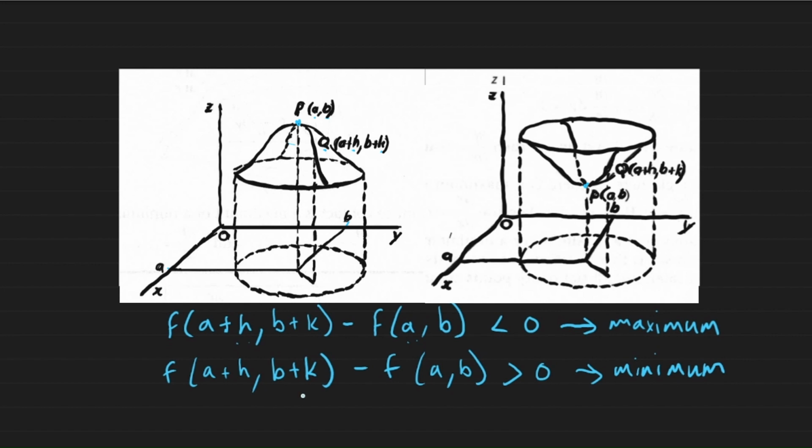In single variable calculus, we saw that the first derivative corresponded to the tangent line, and this tangent line we saw is actually parallel to the x-axis. Let me just draw it a bit better. We see that this tangent line is horizontal to the x-axis, and that means that its gradient is 0. So at this maximum or minimum point, instead of a tangent line, what we have is a tangent plane. And the only way that this tangent plane would be at a maximum or minimum is if it is parallel to the xy plane.